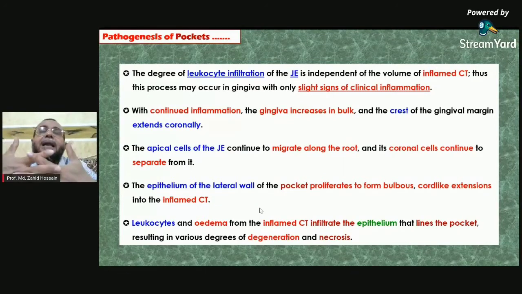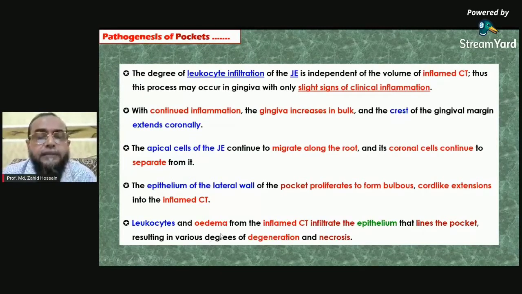We call these rete pegs, epithelial rete pegs. In gingivitis, rete pegs occur, but in periodontitis they become more and more bulbous. You will find more and more invagination of the epithelium inside the connective tissue, and then it crosses the basement membrane, the epithelial connective tissue connection.